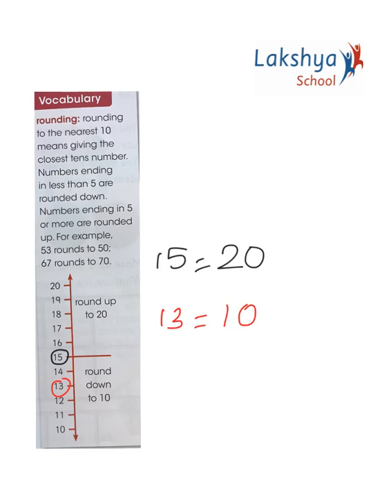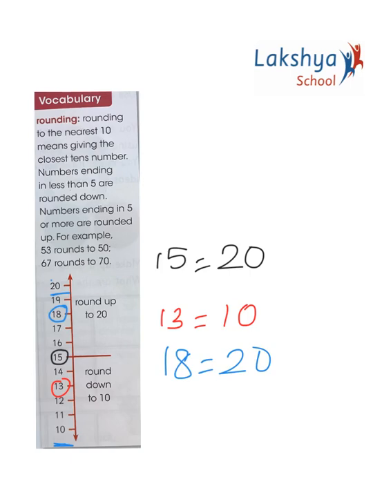Similarly, when I ask you to round a number 18, it has to be rounded to 20 because if it is 5 or more than 5, it has to be rounded up. When it is less than 5, it has to be rounded down.